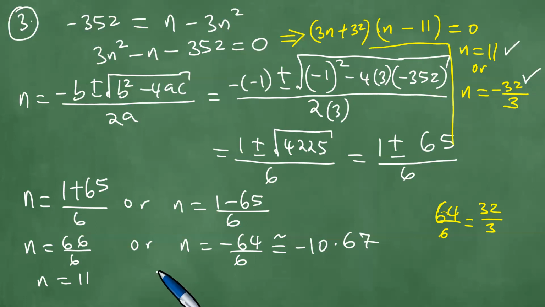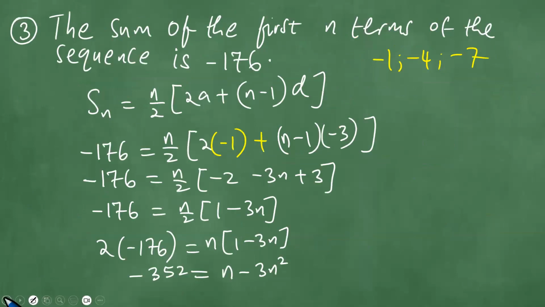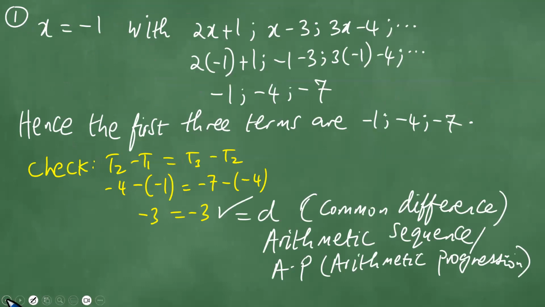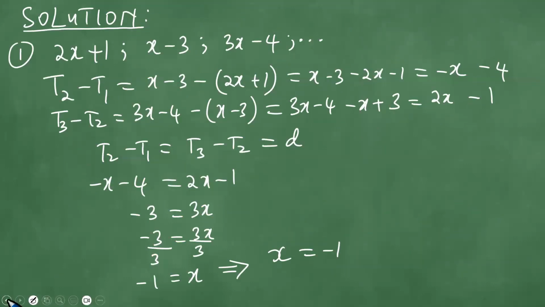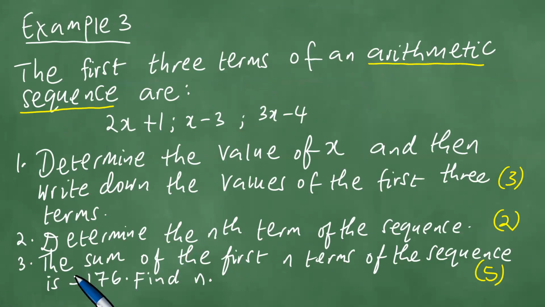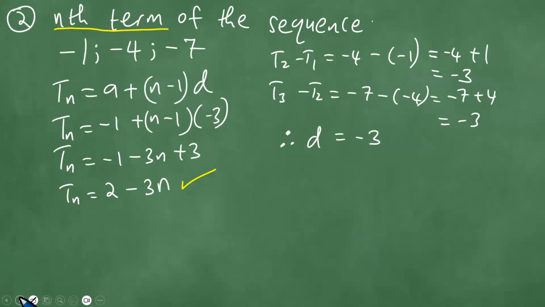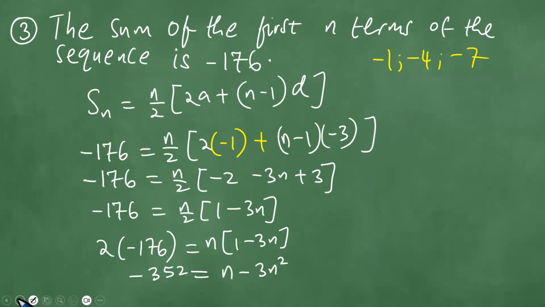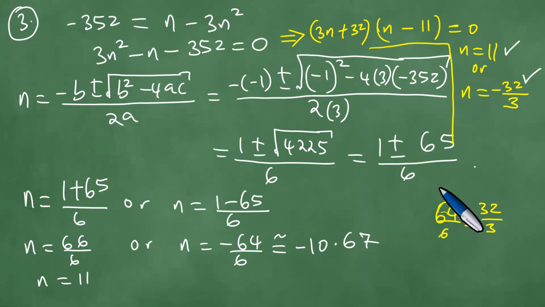The question was that the sum of the first n terms of the sequence is minus 176, find n. n is the number of terms, and the number of terms cannot be negative. So one of the solutions is negative and the other one is positive, so the negative one is not applicable.